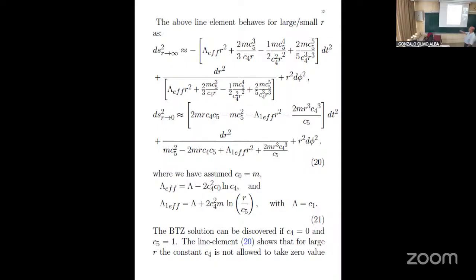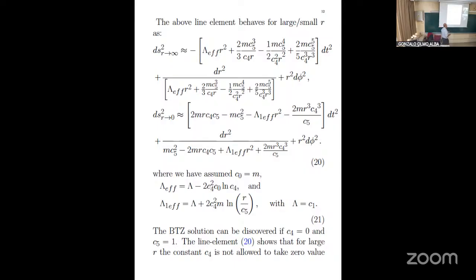What happens if we take C4 equal to 0 for large r? This is not allowed, as you see that C4 is in the denominator. So it's not allowed for large r to put the constant C4, which is the main modified term that gives this new solution, equal to 0.